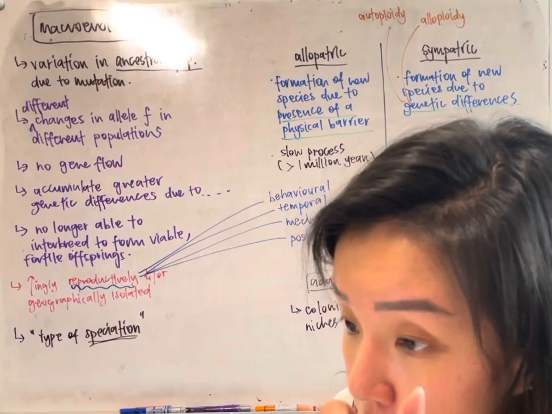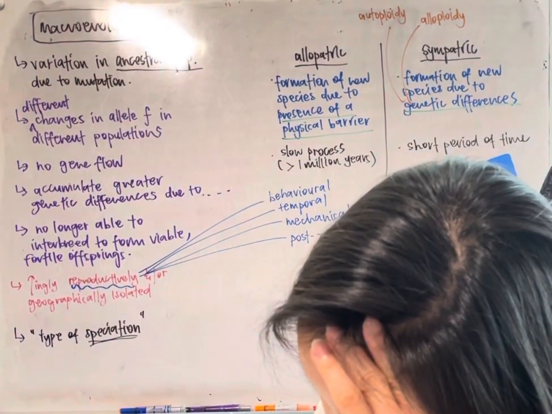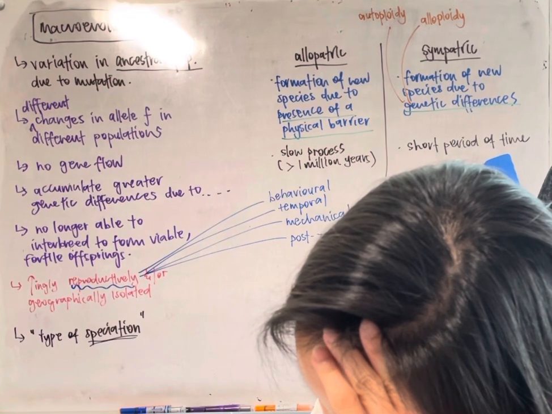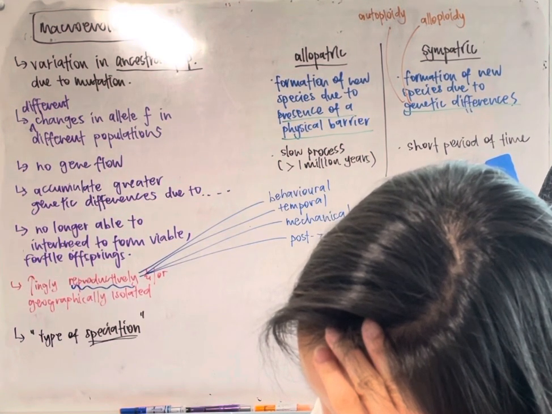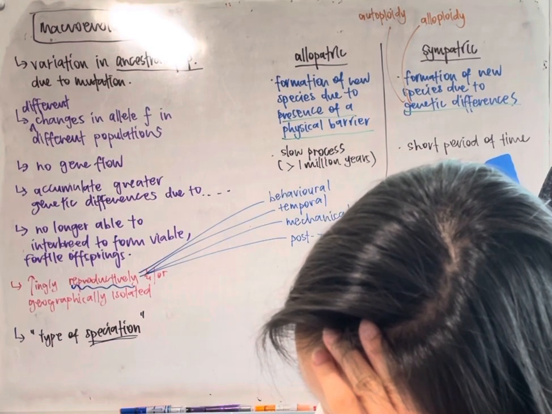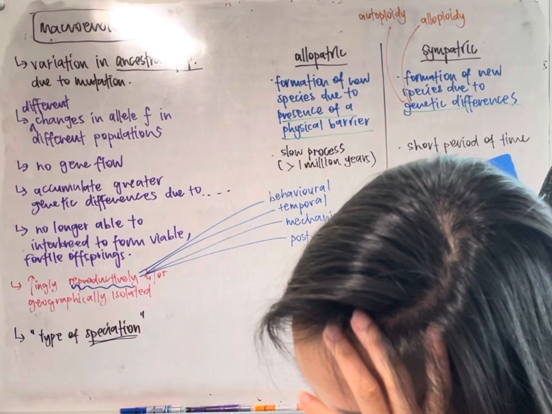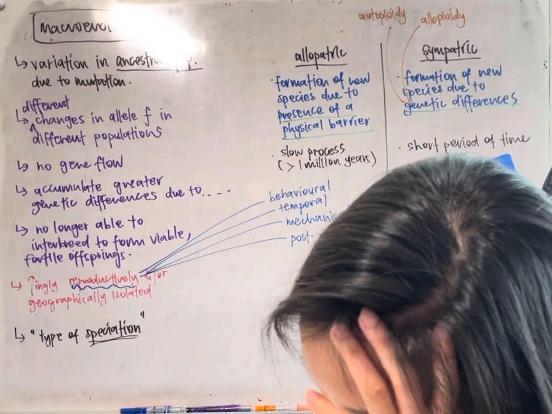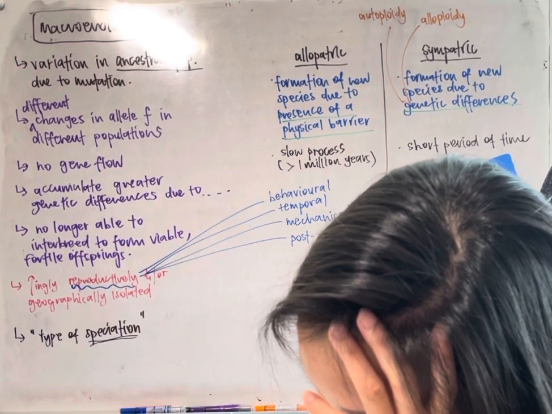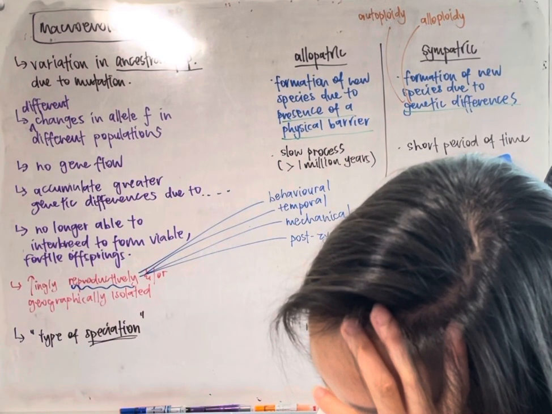So that's why mice with alleles that confer selective advantage are better able to survive. Fine, I can still give you the credit. From natural selection, that will result in different changes in allele frequency in different populations. No, you don't have accumulation of greater genetic difference due to.